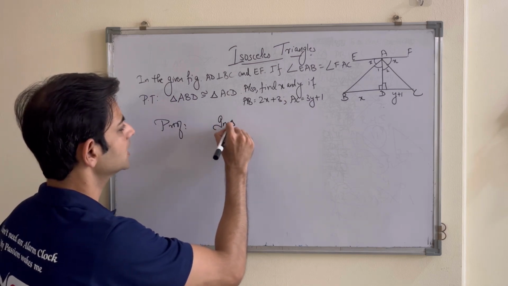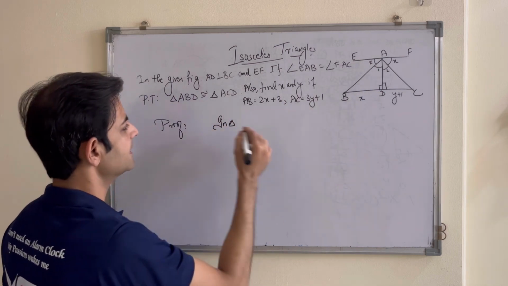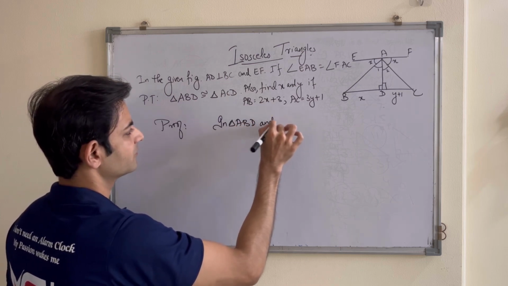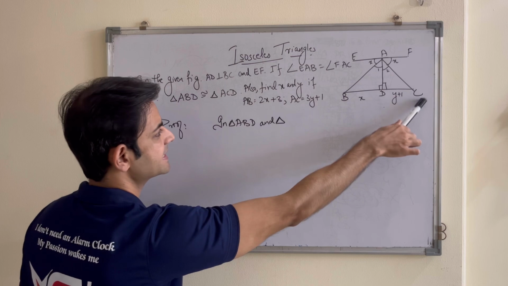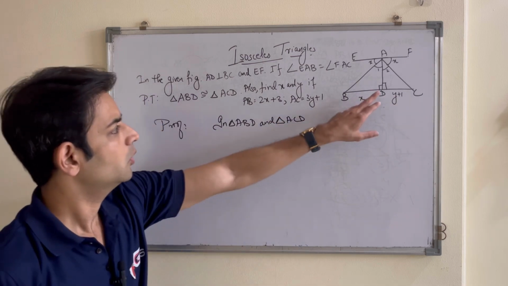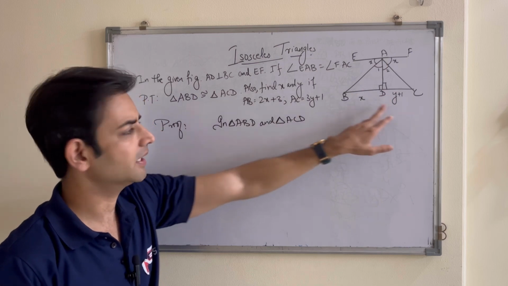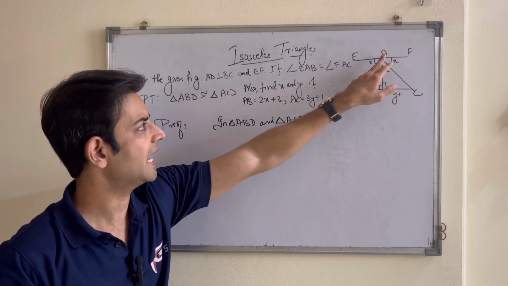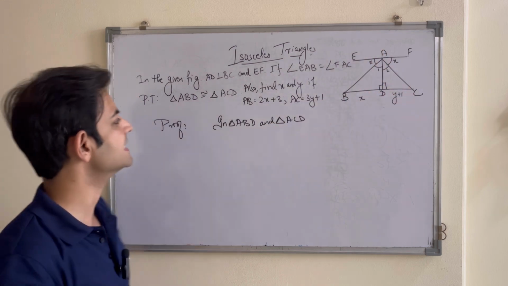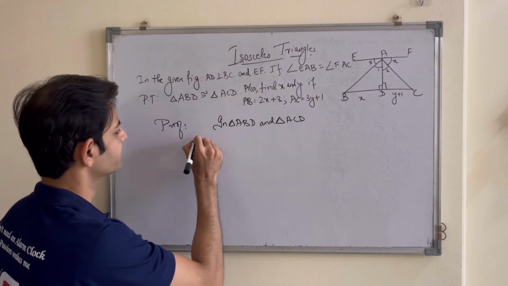In triangle ABD and triangle ACD, we know that AD is perpendicular to BC, so we can say angle ADB is equal to angle ADC, 90 degrees each.